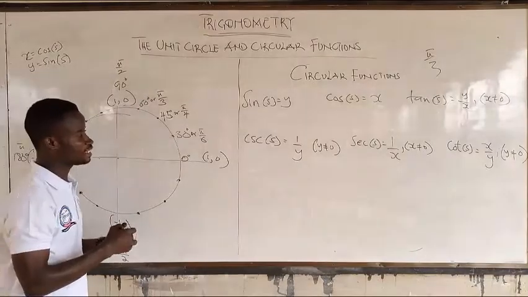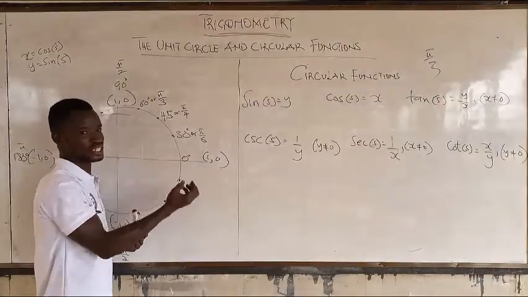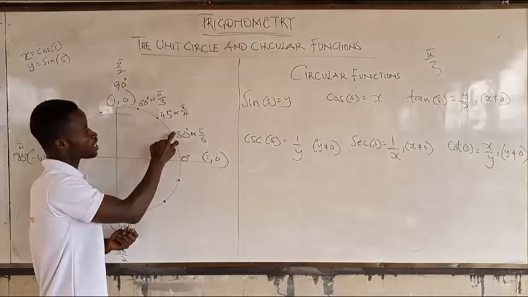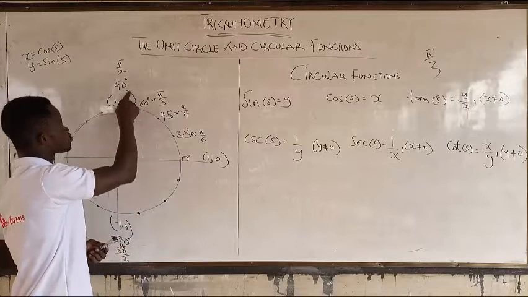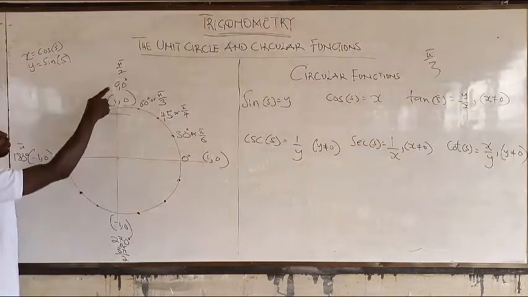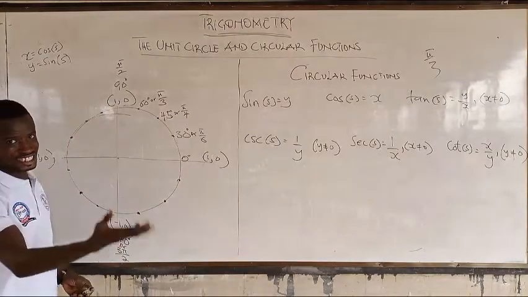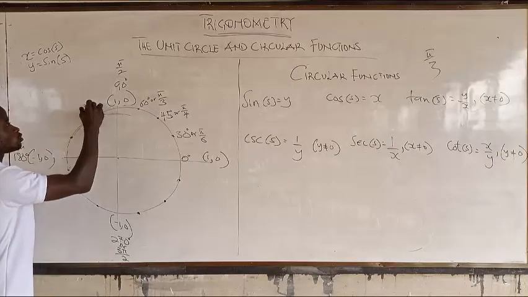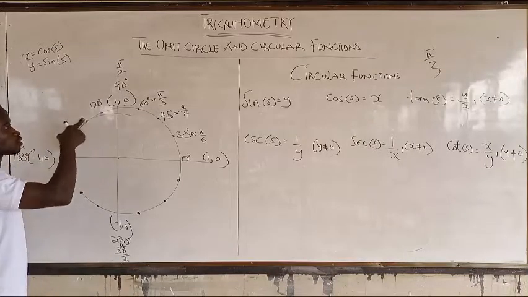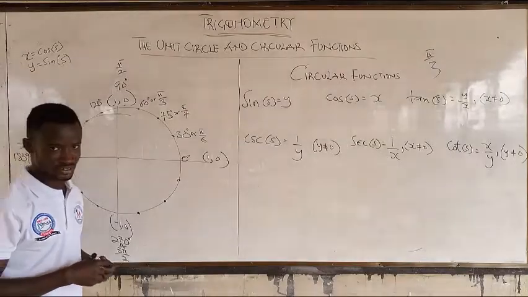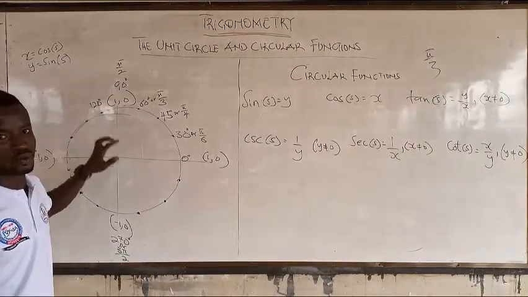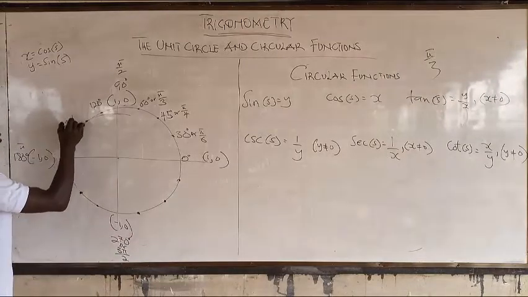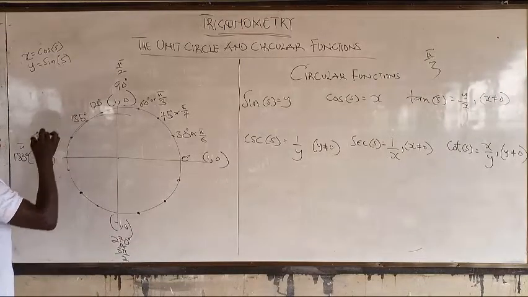So you can see that the interval from 0 degrees to 30 degrees is 30, and from 30 to this is 15, and from this to this is 15, and from this to this is 30. So from here to here, we move by 30 degrees. So here is going to be 120 degrees. Then from here to here will be 15 degrees, and when you add 15 to 120, you get 135 degrees.